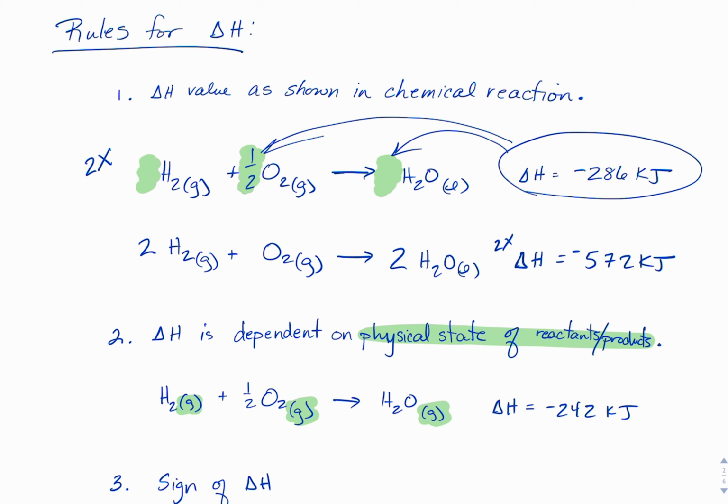Because it turns out the delta H for water in gaseous form has a lower value of kilojoules than the delta H of water that is in liquid form. And so those phases actually matter. So it's important to make sure that you're paying attention to that and taking those into account.